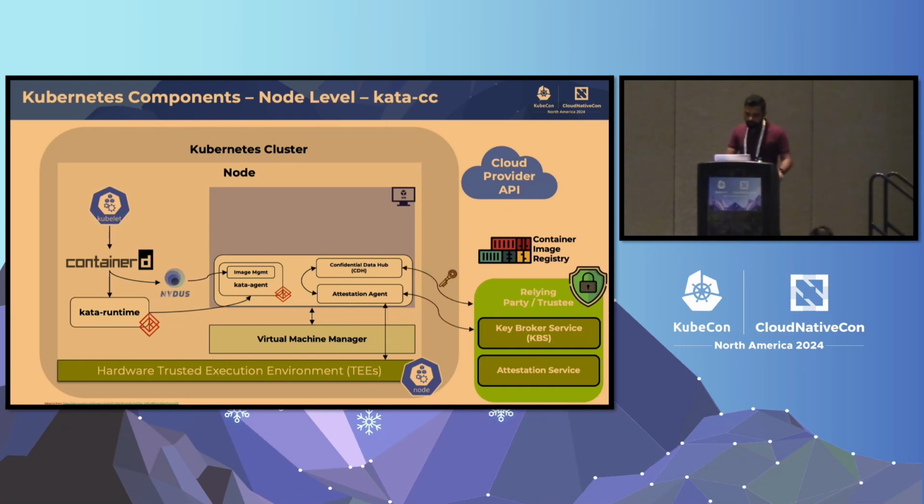So the attestation agent talks to the hardware. It gets a few measurements and gets them signed by the hardware. You send that to the remote entity. The remote entity then verifies: is it good or bad? We'll get into the details of what remote attestation is and why it is needed.